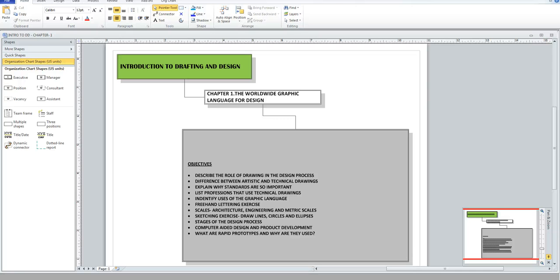Okay, now let's jump to explaining why the standards are so important, which is our third objective.